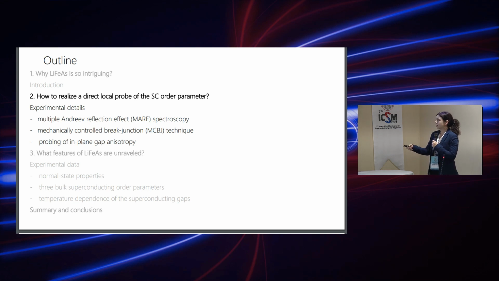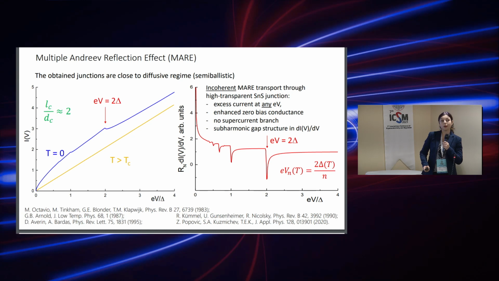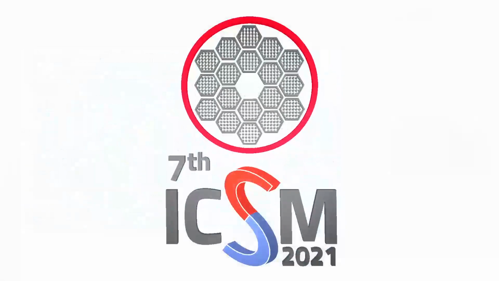We used the spectroscopy of the multiple Andreev reflection effect in planar break junction contacts. This effect occurs in symmetrical junctions of superconductor-normal metal-superconductor type, or SNS junctions.